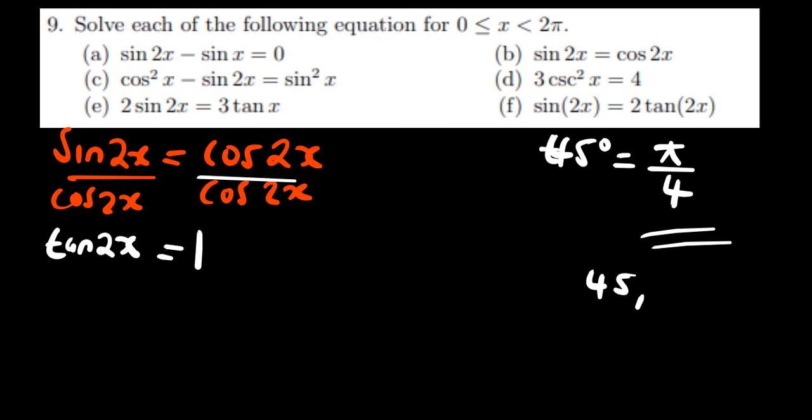Now what the 2x means is that to this 45 that you found, if we're going to get our 270 minus 45, this is in the third quadrant.